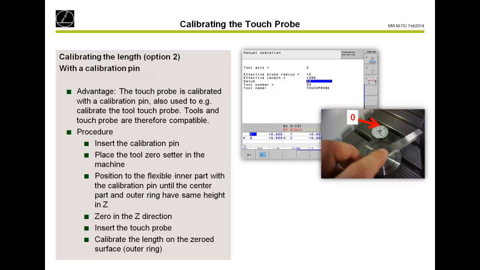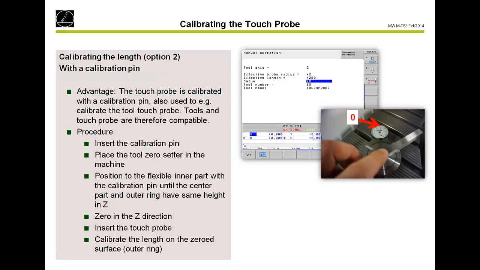The second one is a calibration with a pin. So we have here a special setter, a zero setter, in the machine. There you have a flexible part inside, and you also have a non-flexible ring outside.